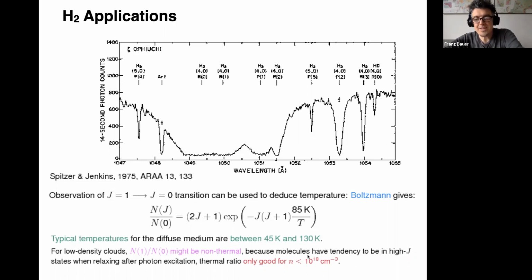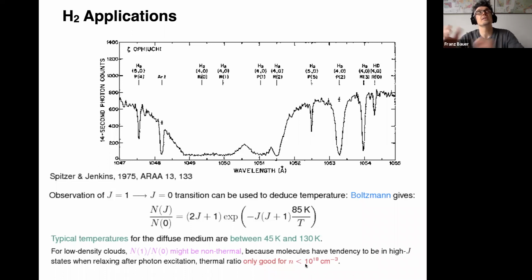Typically the molecules will have a tendency to go to high J states, and then relax via excitation. So the thermal ratio tends to only be good for very low density regions, 10 to the 18 or below.